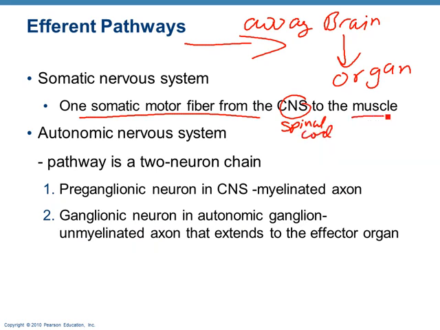When you talk about the autonomic nervous system, it requires 2 neurons. Okay? There is one neuron in the CNS, and then a second neuron that then extends to the organ. So it's a 2-chain pathway, and I've got a picture of that.